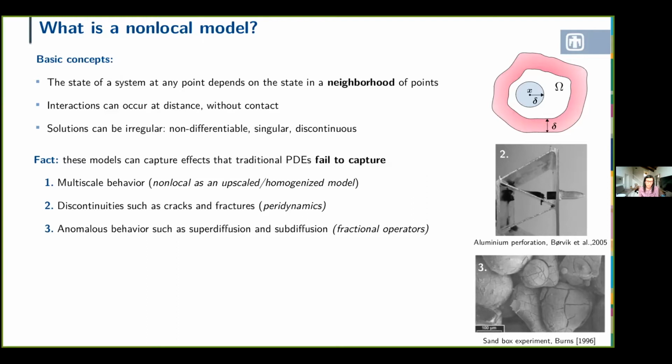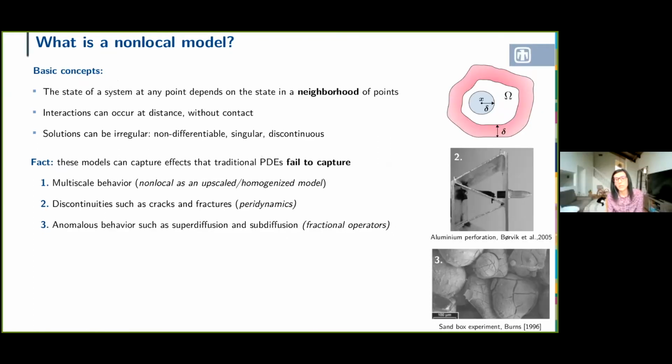The reason why we use non-local models as opposed to PDEs is because these models, in some circumstances, can capture effects that PDEs fail to capture. In particular, they can capture multiscale behavior. Non-local models can be seen as homogenized models. They can capture discontinuities such as cracks and fractures. I think the best example in this case is the peridynamic model for continuum mechanics, which was introduced by Stewart Silling at Sandia now 20 years ago.